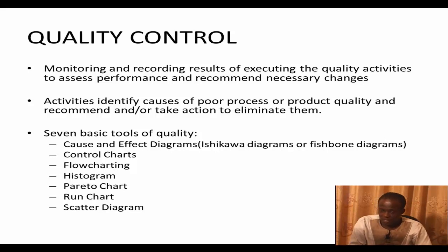So now that you've planned quality and you have quality assurance in place, there's a need, as the project unfolds and is actualized, for a mechanism to monitor and record activities, more so quality activities, to assess whether they meet the standards of the organization and, where possible, recommend necessary changes.